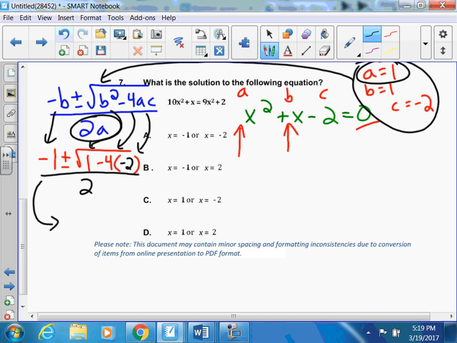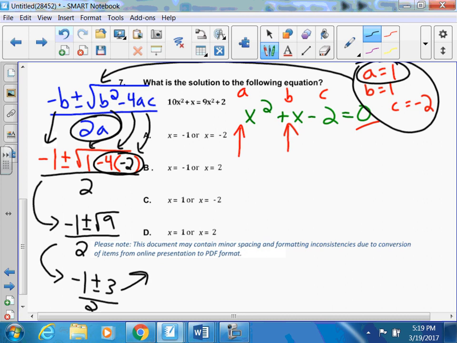Now we finish up. Negative 1 plus or minus. What do we have in the parentheses? We have to take negative 4 times negative 2 first, which is positive 8. And then 1 plus 8 is 9. So we get the square root of 9 over 2. The square root of 9 is 3. So now we're going to have negative 1 plus or minus 3 divided by 2.